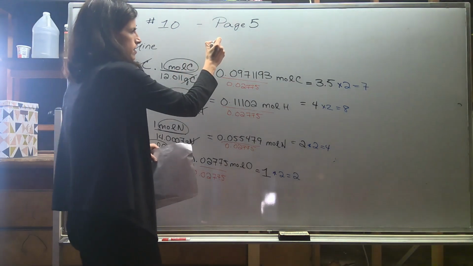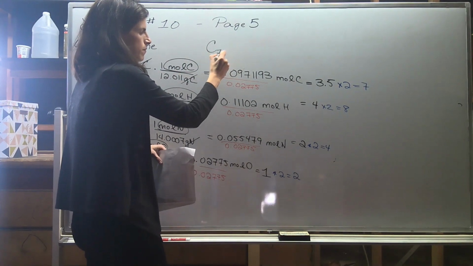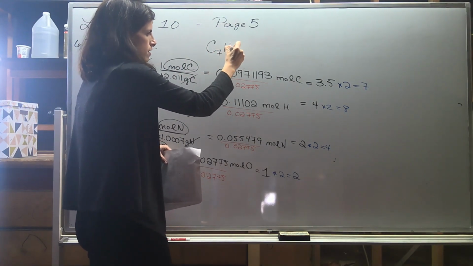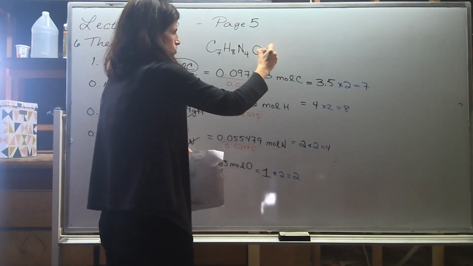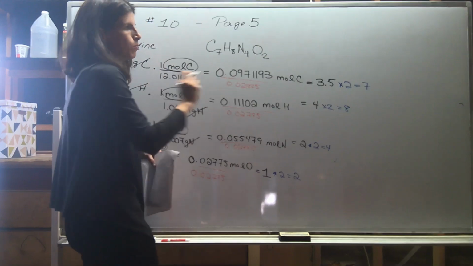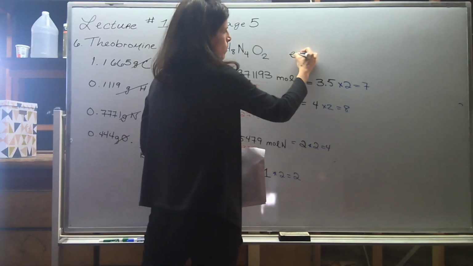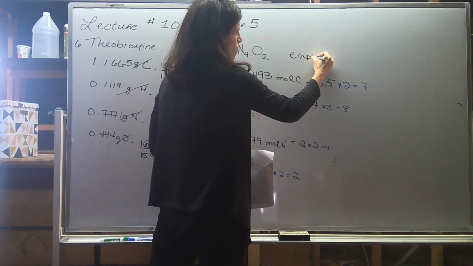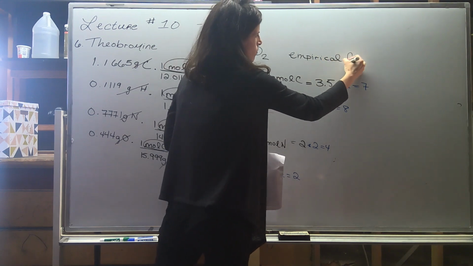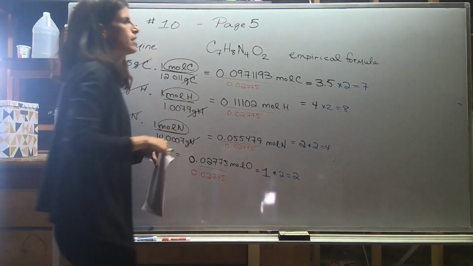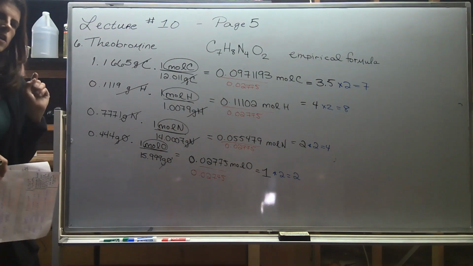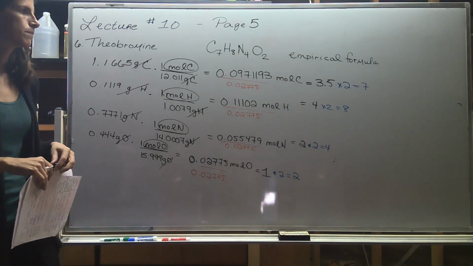I'm going to say it's C7H8N4O2. And that will be my empirical formula. We weren't given the molar mass, so we don't know if it's the molecular formula as well. That will be the empirical formula of the theobromine compound that is in chocolate.